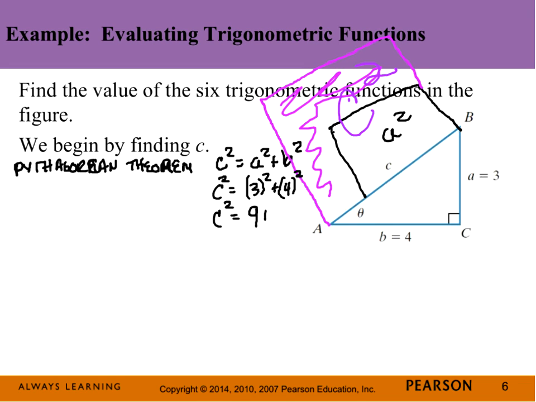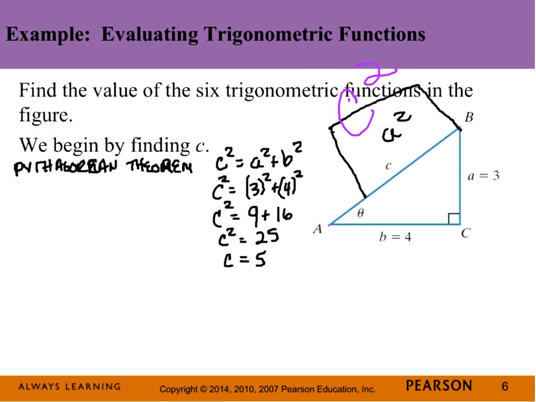So C squared is equal to 9 plus 16. C squared is equal to 25. We don't have to take the negative into consideration here because there is no such thing as a negative length or distance, at least not in this dimension that I know of. Okay, I'm just going to clean up my triangle here.